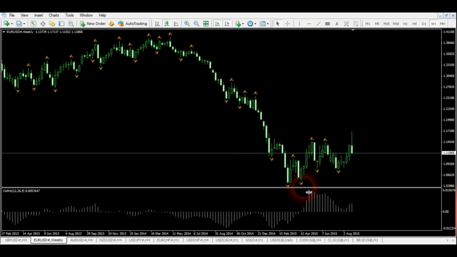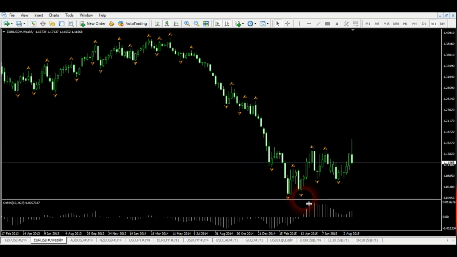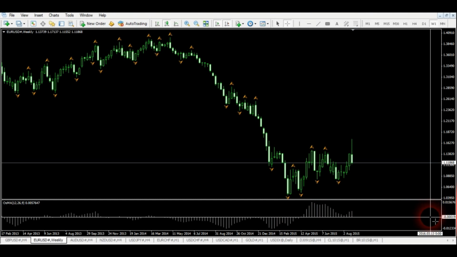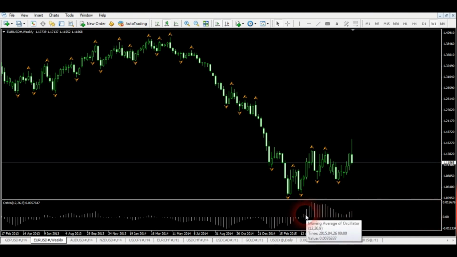Let me say the moving average oscillator first. You see, this indicator also gives you the strength of buyers. It's like MACD. When the bars are above the zero line, you can open buy positions.